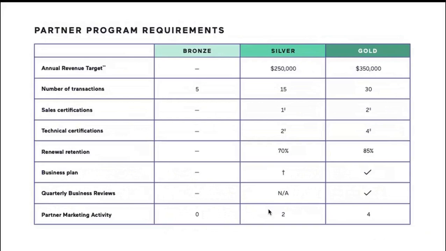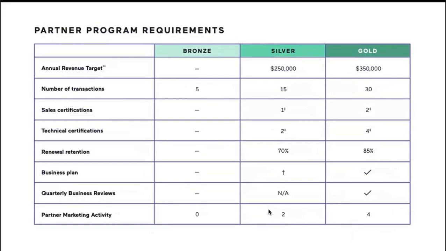Now, one of the questions was about the criteria, so thank you very much for that. One of the reasons we don't have a silver is because it's a bit in the middle. So we will have our bronze partners who don't really have any targets, and we try not to say targets, but expectations. We manage our partners, and Rahul and the Bulwark team will manage a whole host of partners that are opportunistic at the lower levels. However, we do work with our gold partners very, very closely.